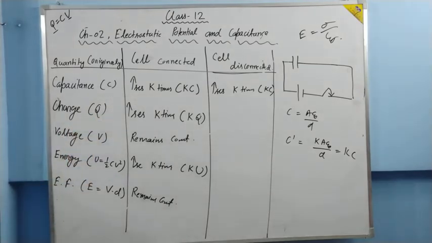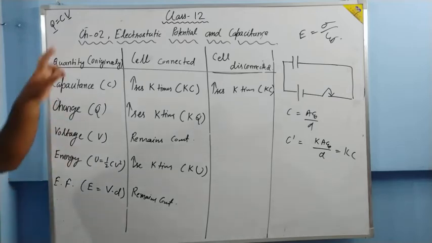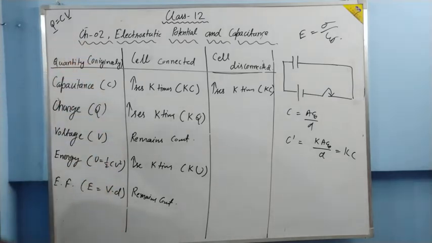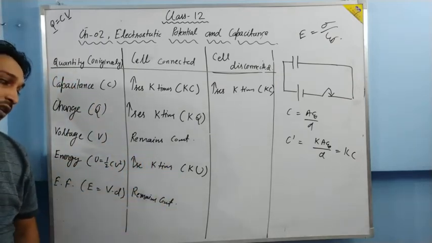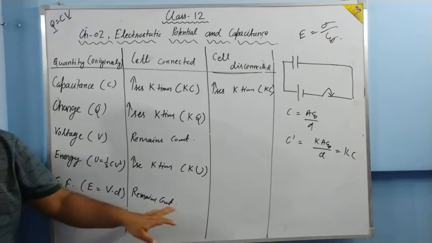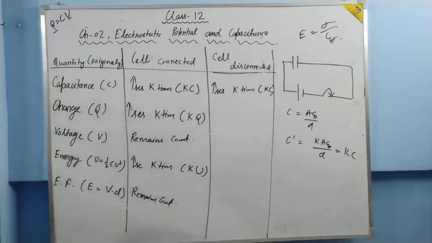But it is not like that. Since the dielectric slab is inserted, Q increases, but inside the dielectric slab the field decreases, that we have discussed. So because of that, the field remains constant. Anything else left? No. Only these 5 things we have to discuss.